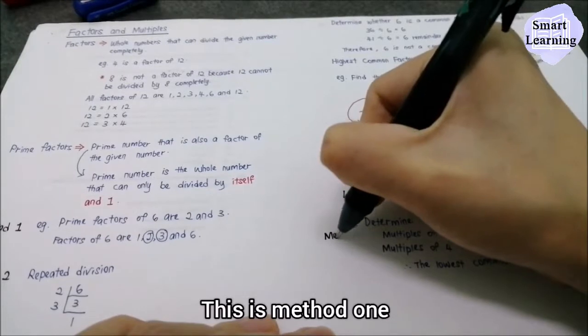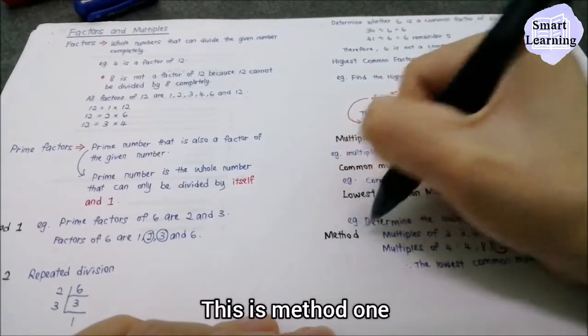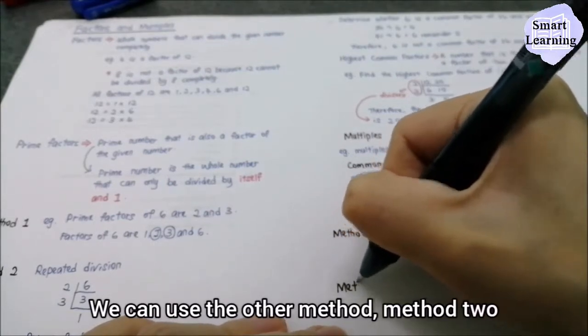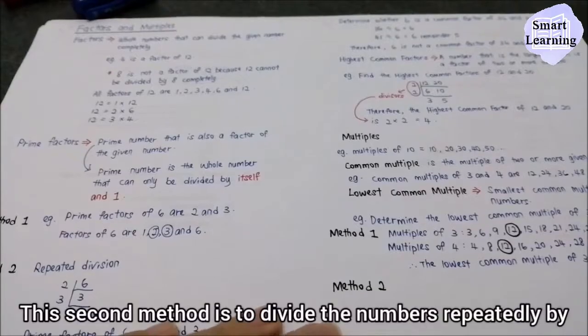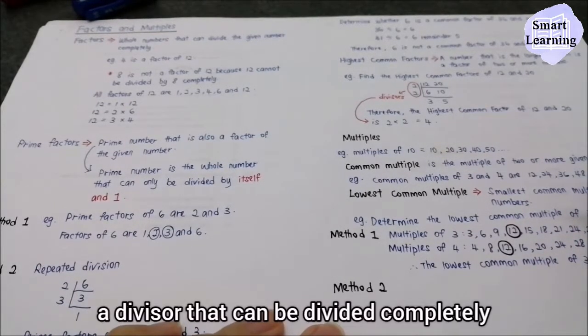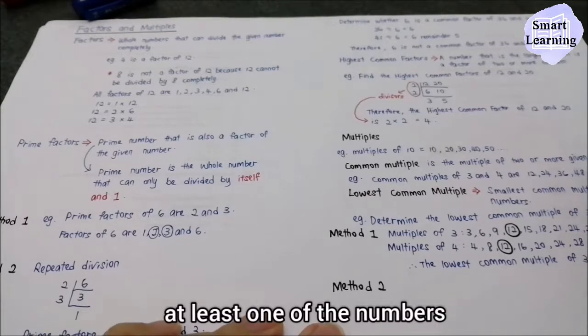This is method 1. We can use the other method, method 2. This second method is to divide the numbers repeatedly by a divisor that can divide completely at least one of the numbers.